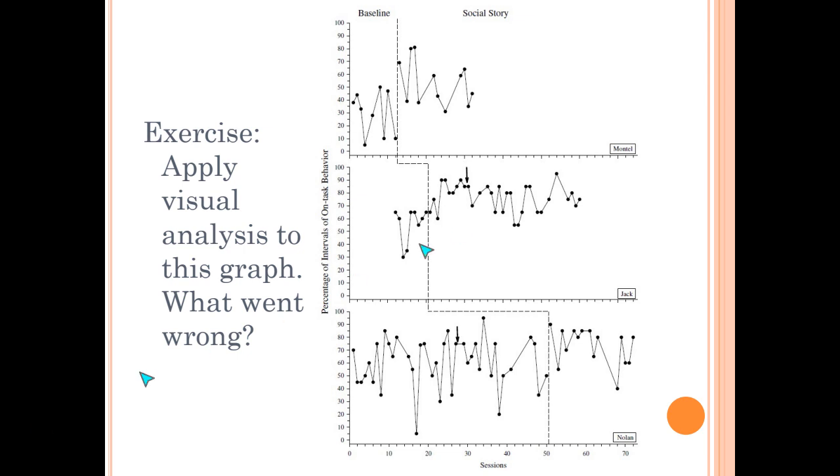All right, so you got my first point. This is believable because there is a change in level from a mean level here to a higher level up here. Number 2 and number 3, Jack and Nolan, are not a good demonstration, or not a believable demonstration, of an intervention effect.